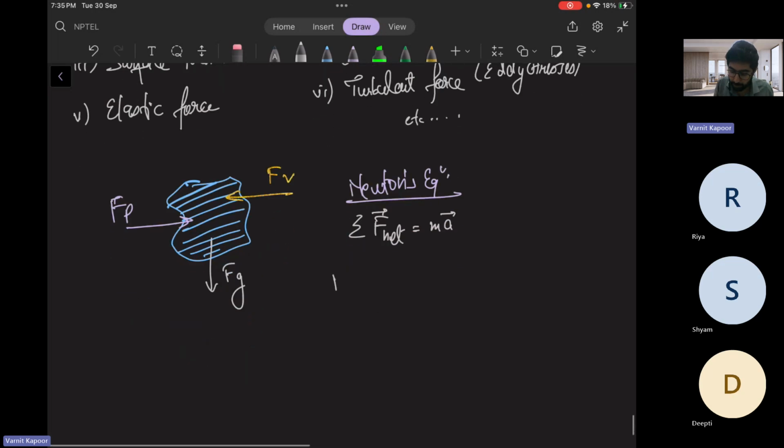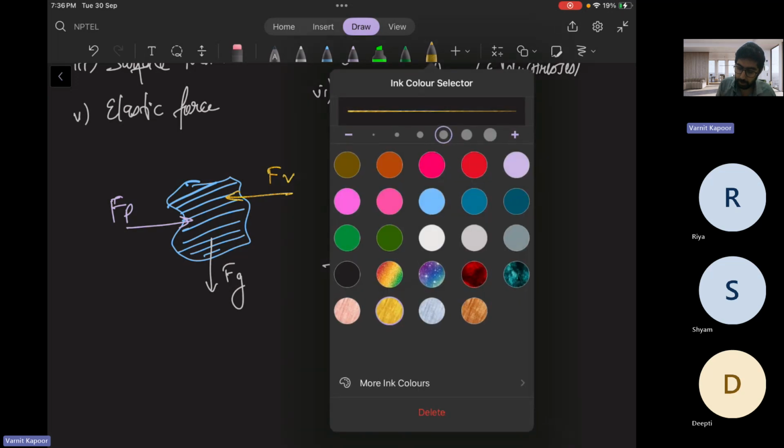The forces are pressure force, viscous force, and gravity force, and mass into acceleration is nothing but your inertial force. So this is the Navier-Stokes equation, where all these forces are incorporated. Navier-Stokes, a very important equation.